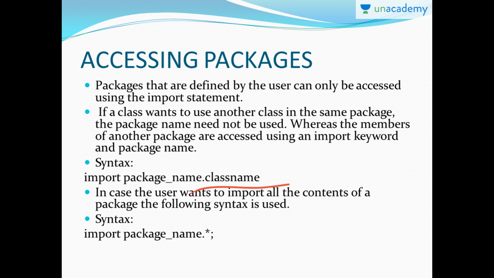If it wants to access the entire contents of a single package, then we just write import and the package name. Like how we write import java.lang, just the package name, not any particular class present in it, right? So that is the way we access all the interfaces and the classes present in that package. So this is the way by which we access a package.